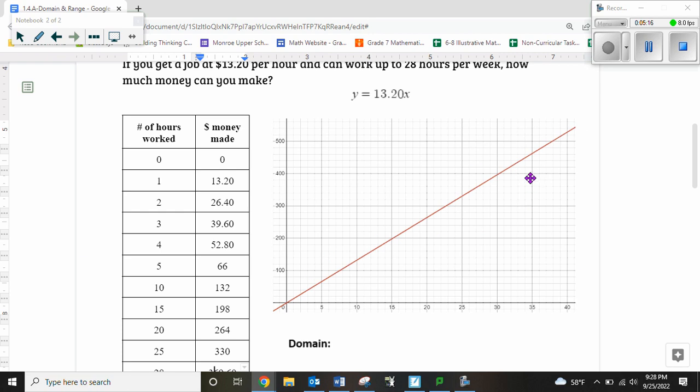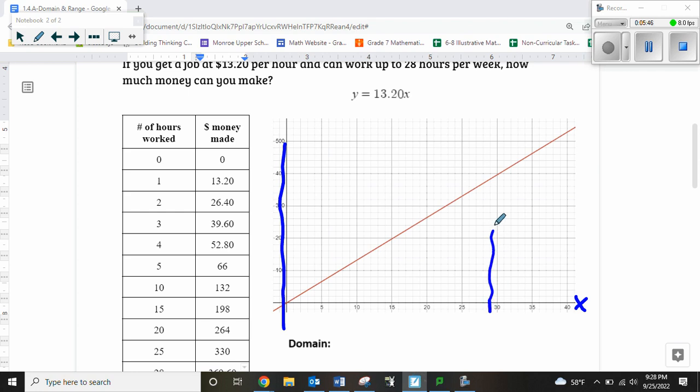But for this situation, I wanted to show how we can represent the domain by kind of making a rectangle on this graph. So our x-axis is the left to right, and we start at 0 here. Sorry, I'm having a hard time making a straight line. And remember, the maximum number of hours was 28. So 25, 26, 27, 28. I'm going to make a line right here.